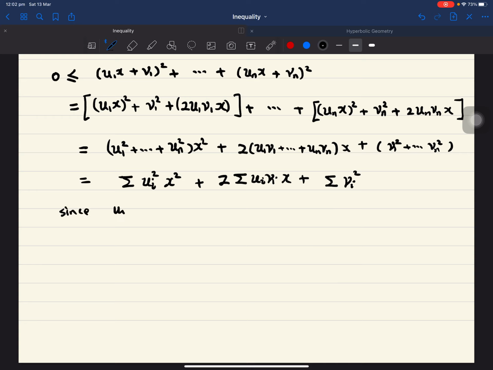Since this is a non-negative quadratic polynomial, then it has at most one root.